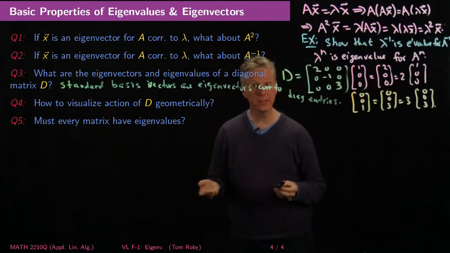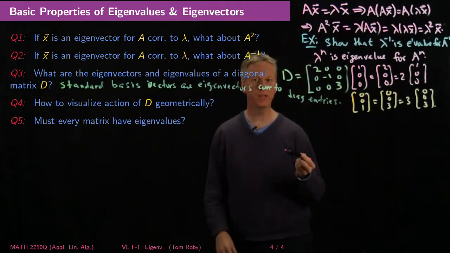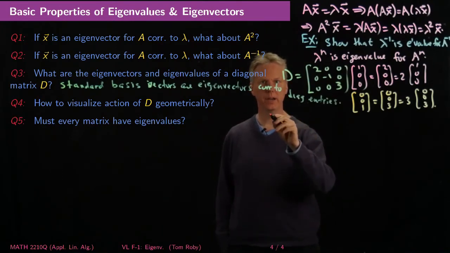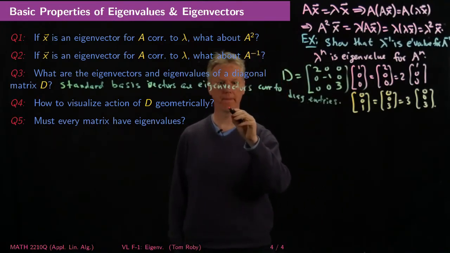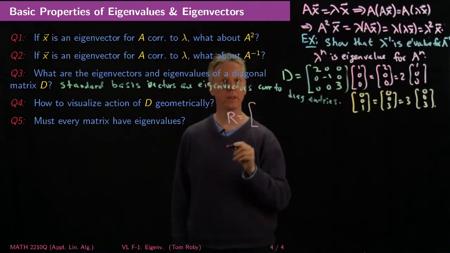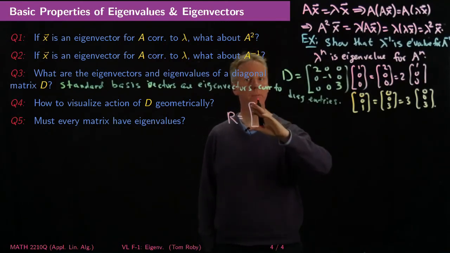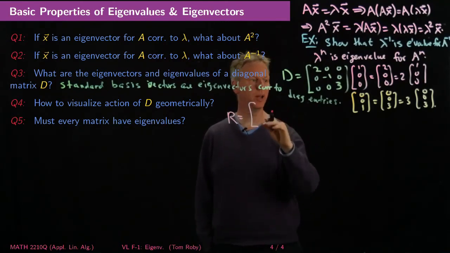Okay, so now I'll tell you the answer is, well, you can have a rotation matrix. So if I let R be the matrix that, so how do I write the matrix that rotates me by 90 degrees?